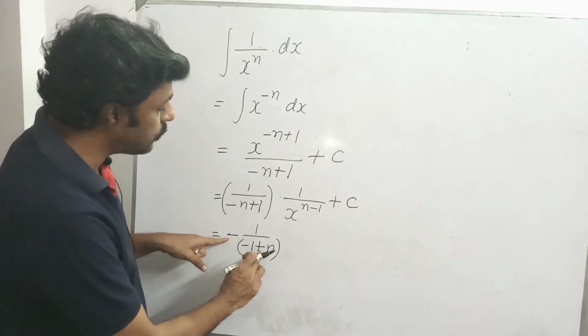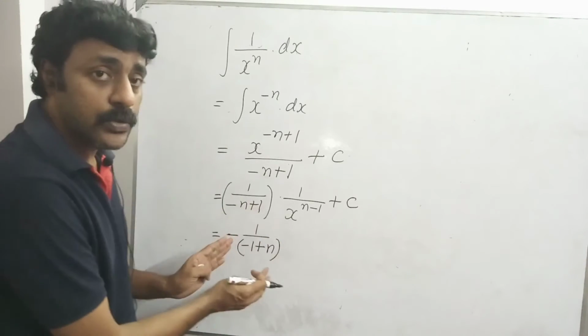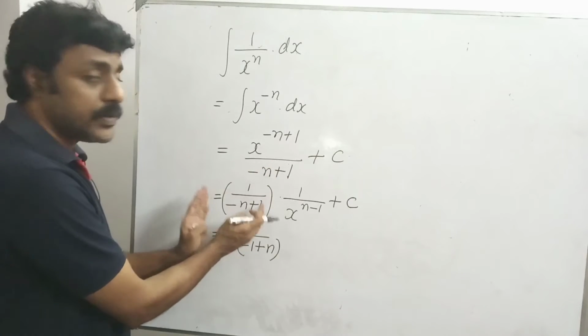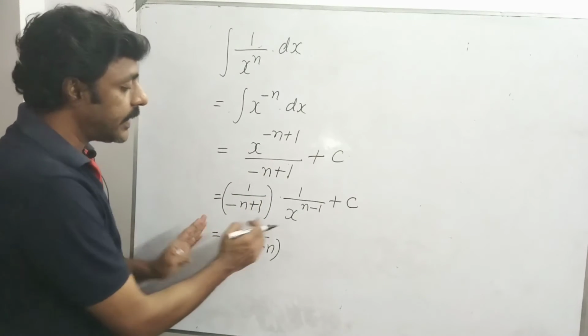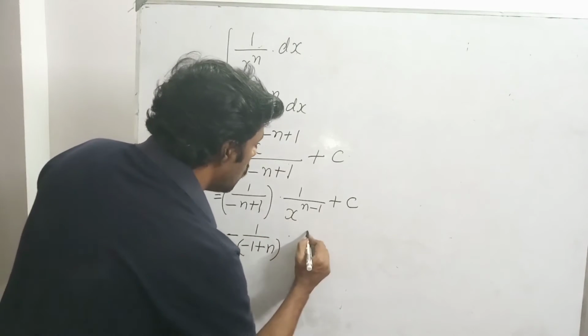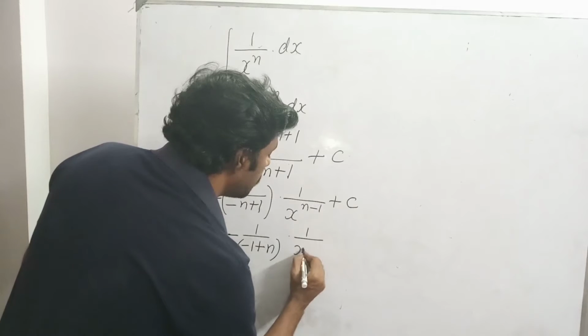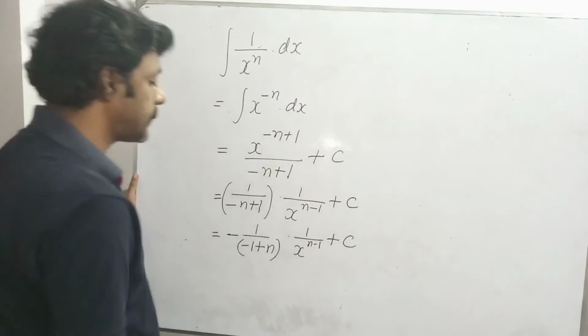Similarly, minus into plus equal to minus n. So without changing the value inside the bracket, I am adding one negative sign and evaluating it. Okay, so this will be 1 divided by x power n minus 1 plus c.